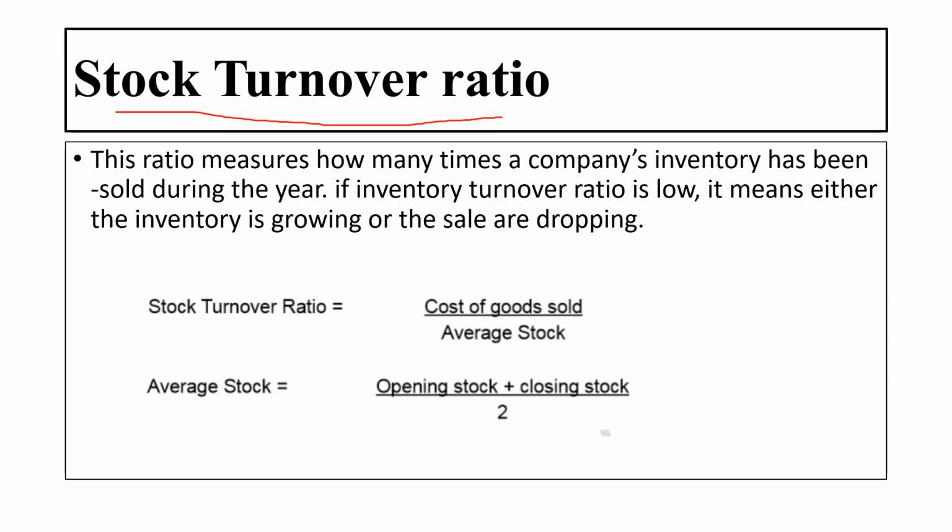The stock turnover ratio equals cost of goods sold divided by average stock. Now how do we find out the average stock? To find out the average stock, there is again a formula. The average stock equals opening stock plus closing stock divided by 2.